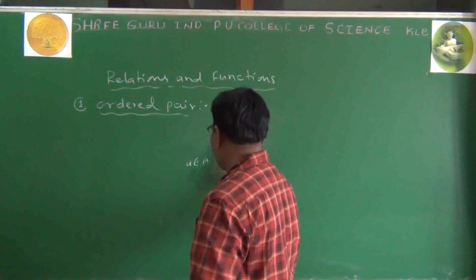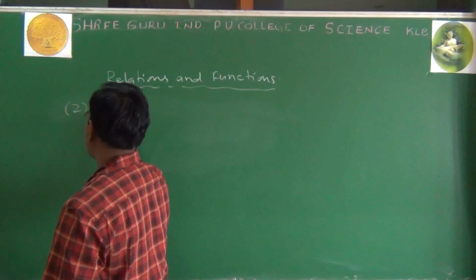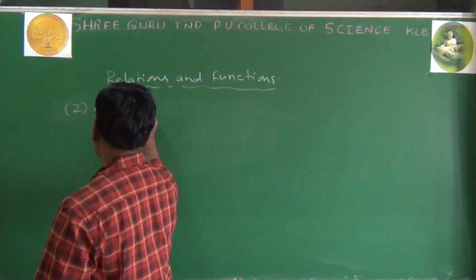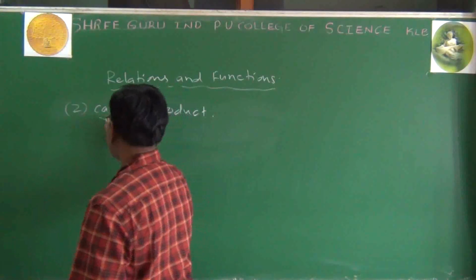Then what is the second one? Cartesian product.